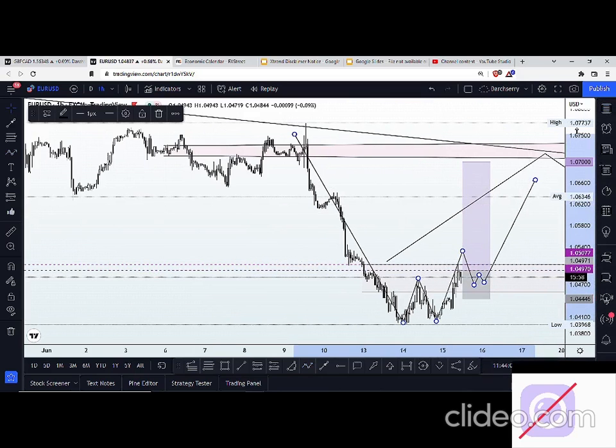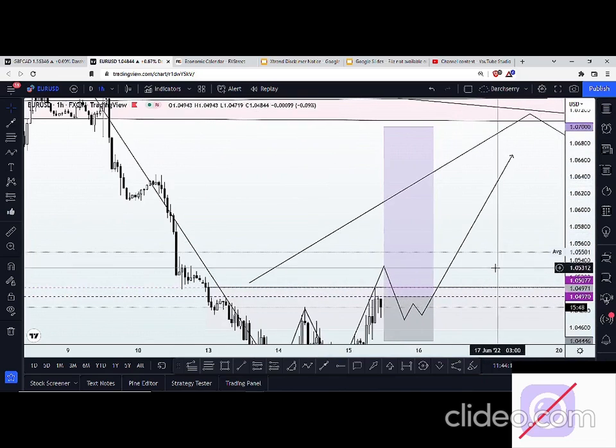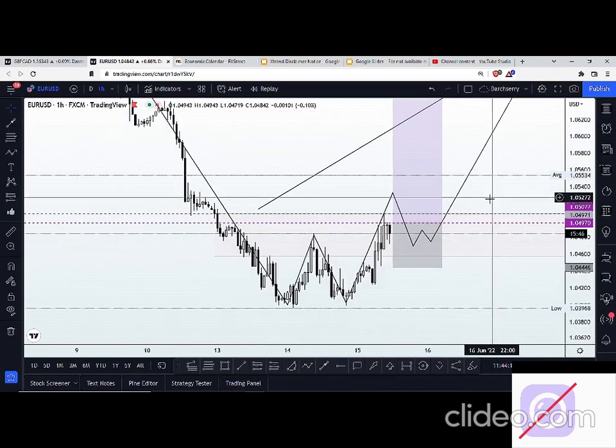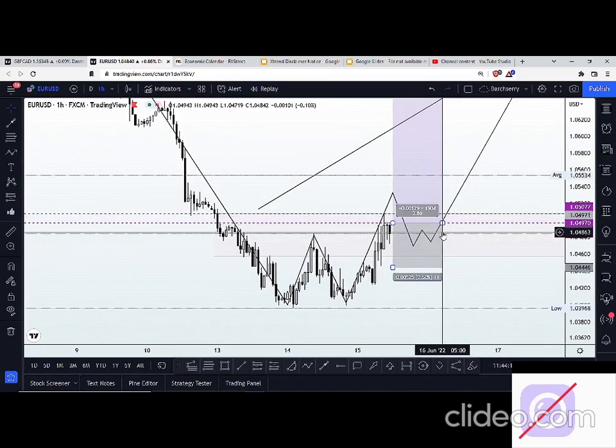Now that we are heading to the New York session, we still need parameters that will guide our actions going forward. We all understand that after every double bottom structure, there is an impulse leg, and there is a neckline within that structure that we will be using as our guide going forward.